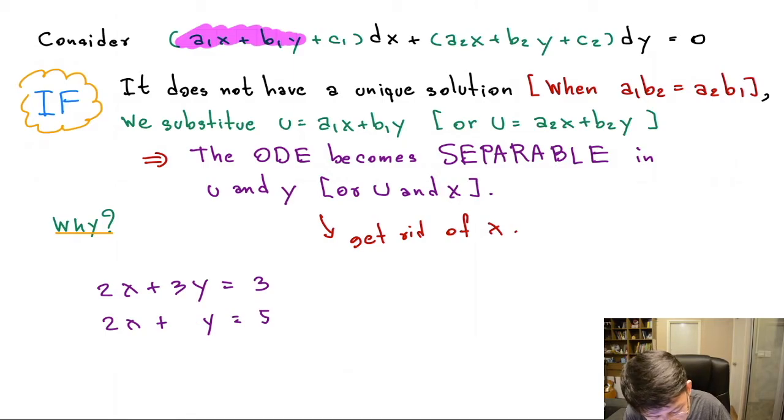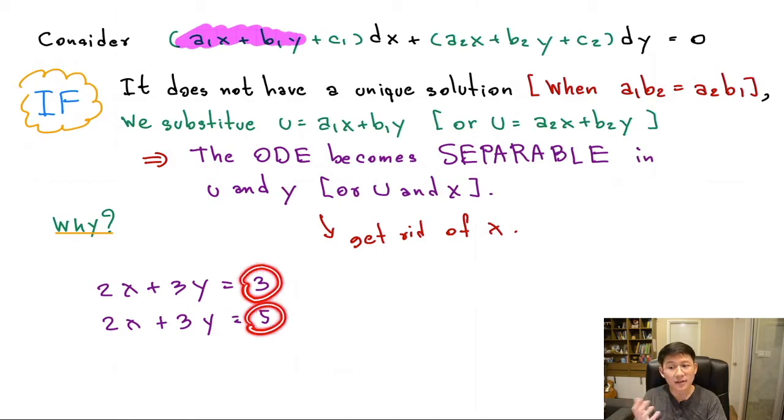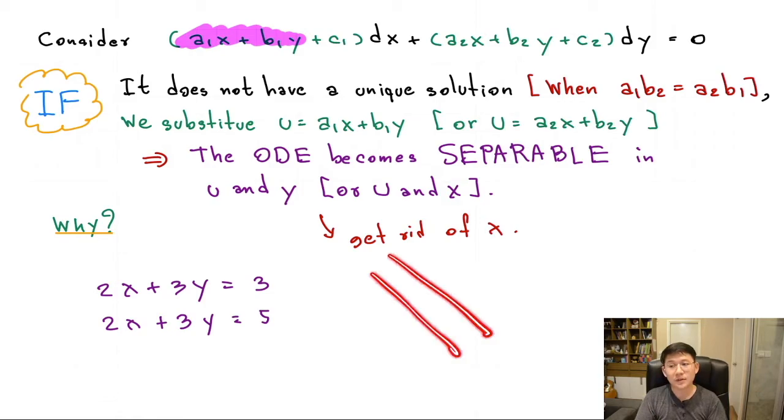How about this? If I change this to 3, can you find the solution? No, this equation has no solution. Remember that, right? If these are the same number, and this is 3, this is 5, if you look at the graph, it's going to be 2 linear functions which are parallel, so you can't really find the solution.